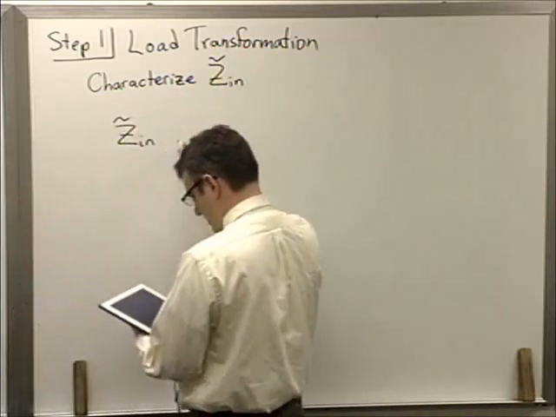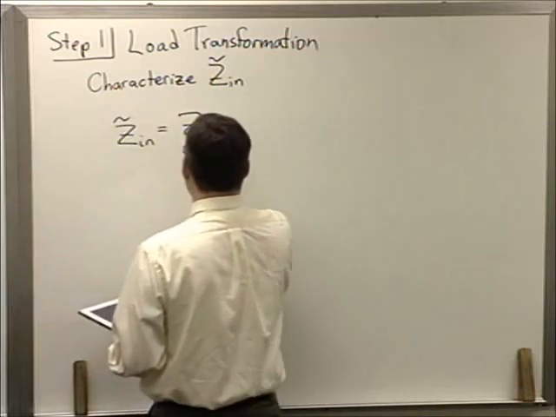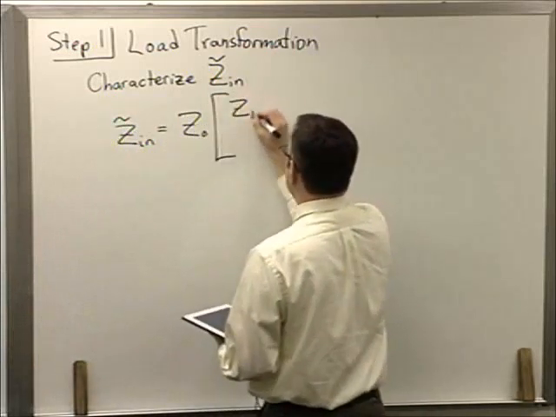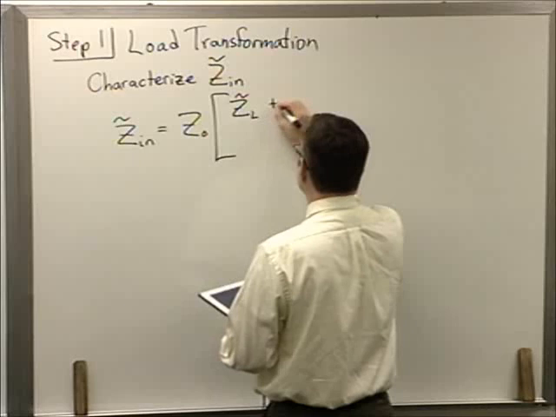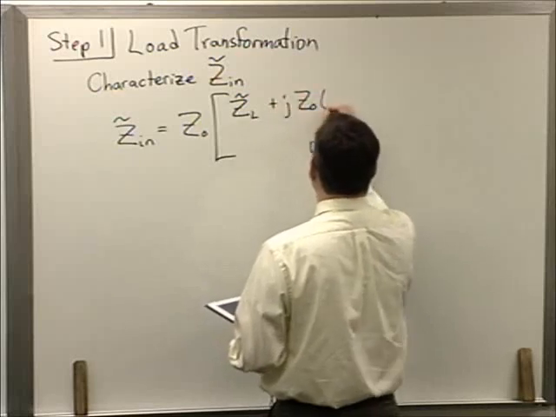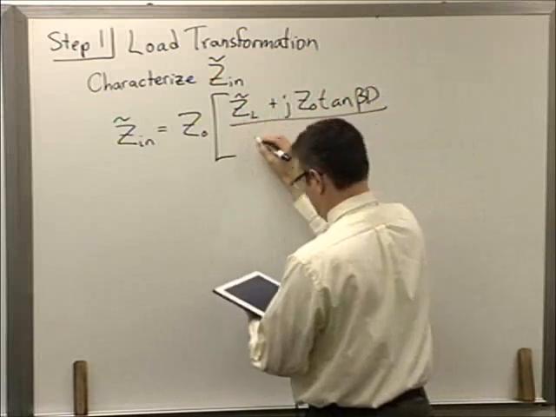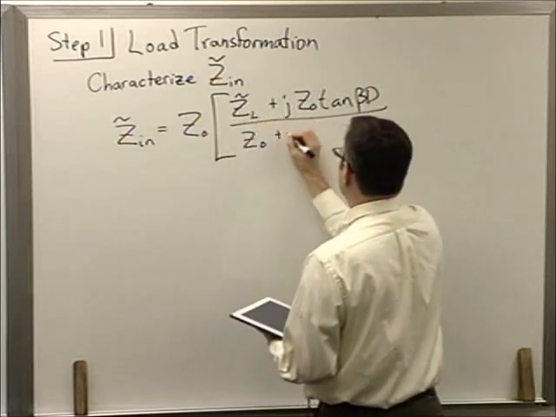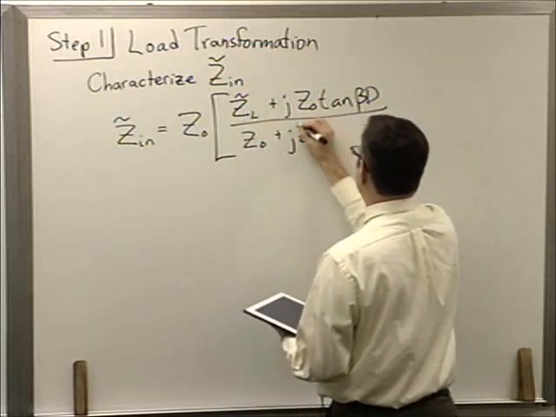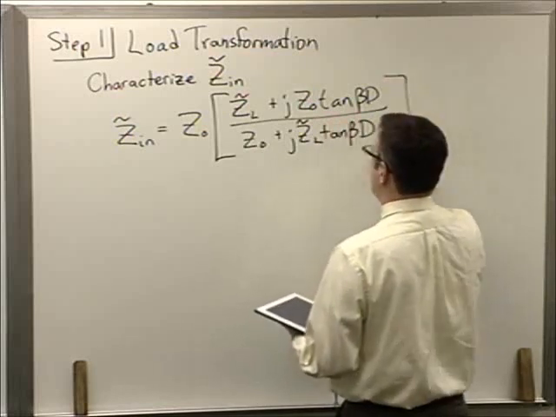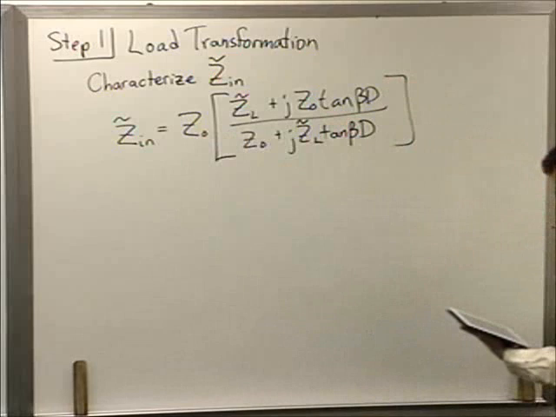Z in, we said, is equal to Z naught times the quantity of my complex load impedance plus j Z naught tangent beta D, over Z naught plus j ZL, load impedance, tangent beta D again, all multiplied by the intrinsic impedance of the line.